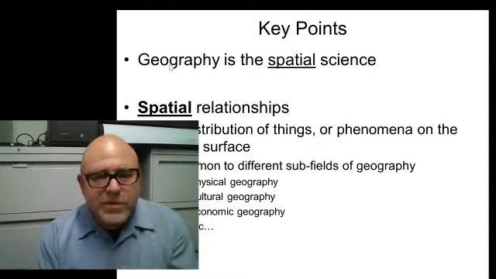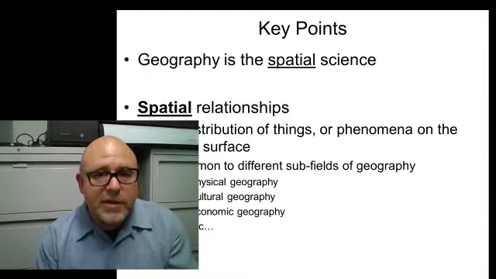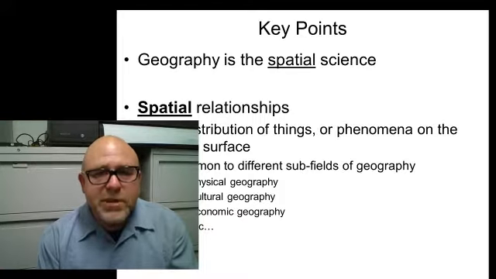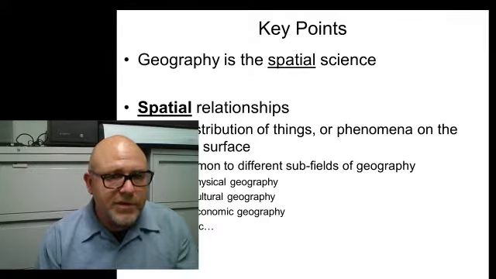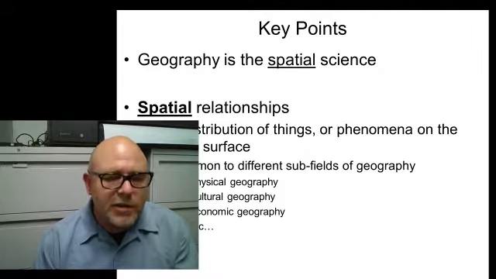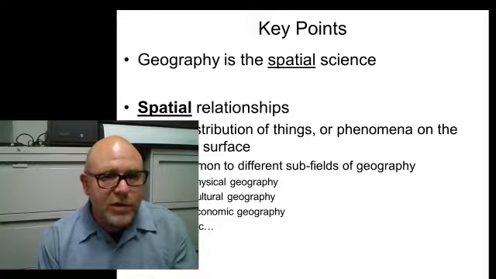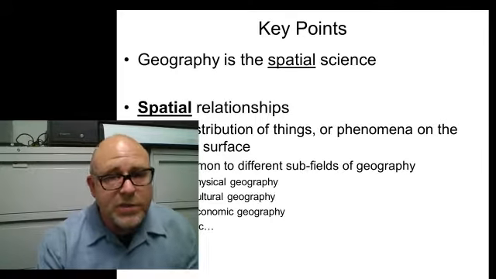So the key points I want to make here: geography is really the spatial science. It's interested in space and spatial relationships, and it's also a very integrated field of study that integrates from a whole wide range of different fields of study, including physical geography and cultural geography. But what they all share in common is that they are all interested in space and spatial relationships.